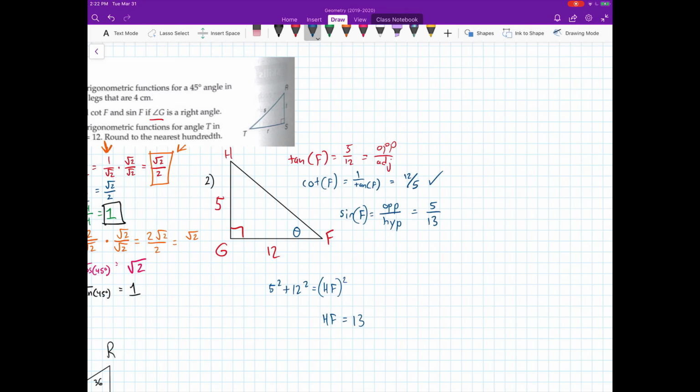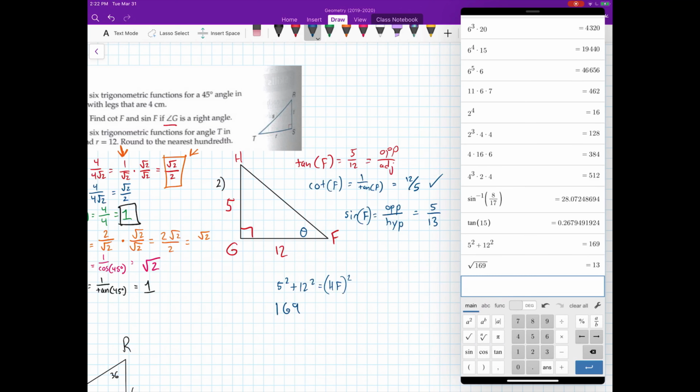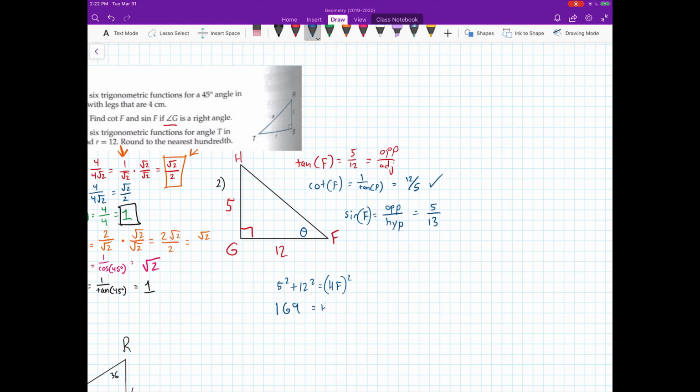Although I guess I should go ahead and write that down for everyone. So 5 squared plus 12 squared was 169, is equal to HF squared, square root, 13 is equal to HF. And now we can put that 13 in there. All right, pretty good there.